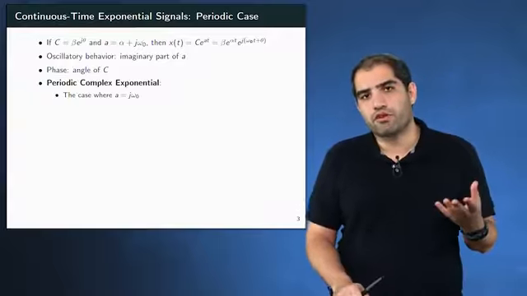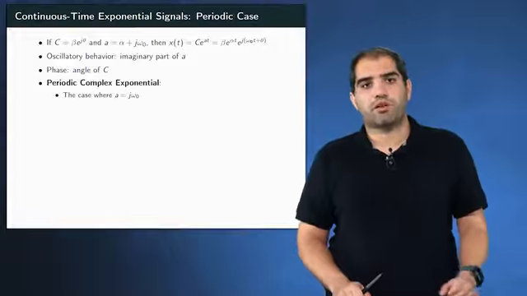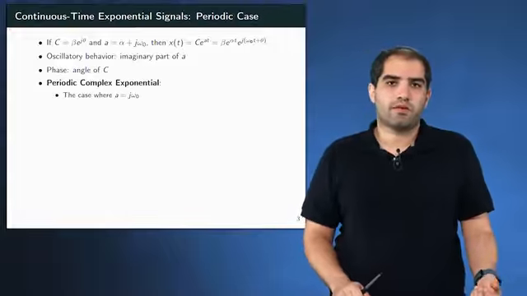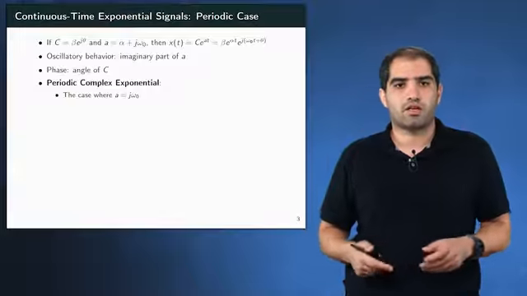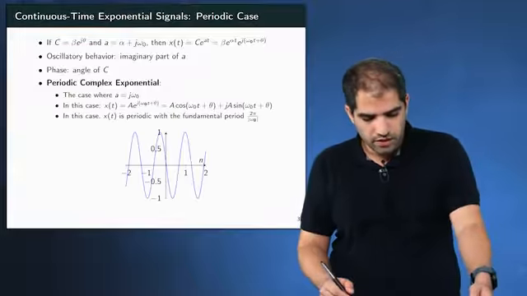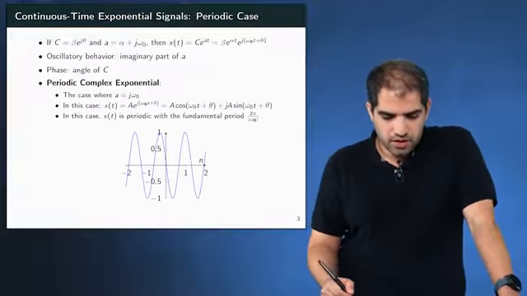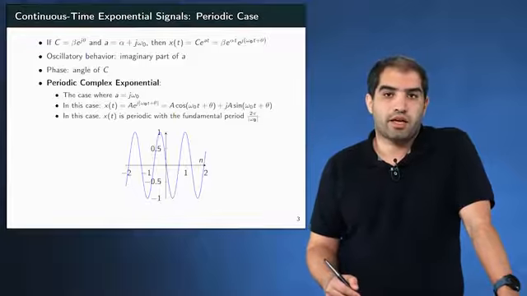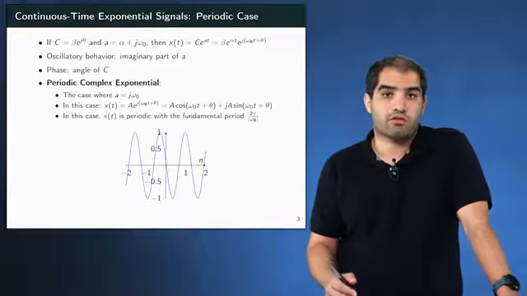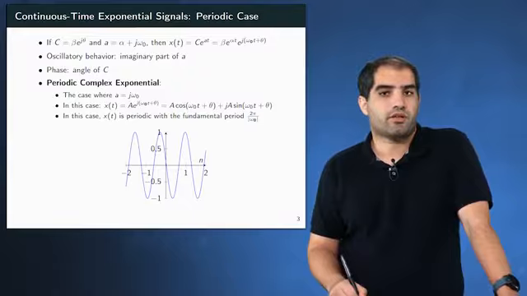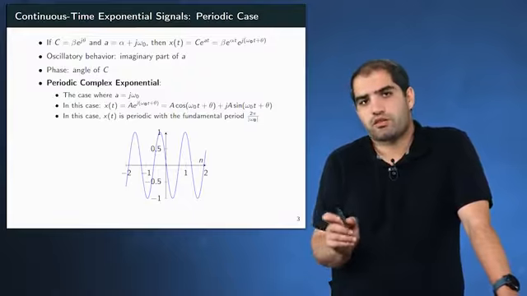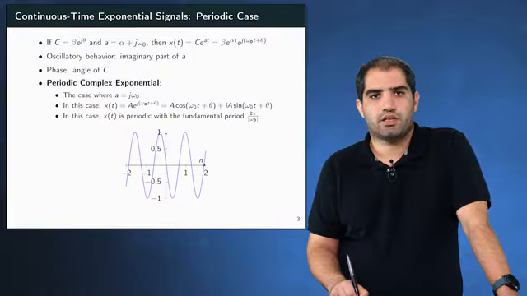And if alpha, the real part of a, is just 0, then we are dealing with a pure complex exponential signal. In this case, x(t) can be written as some A cosine of (omega naught t plus theta) plus j A sine of (omega naught t plus theta), where again theta is the angle of the constant c.